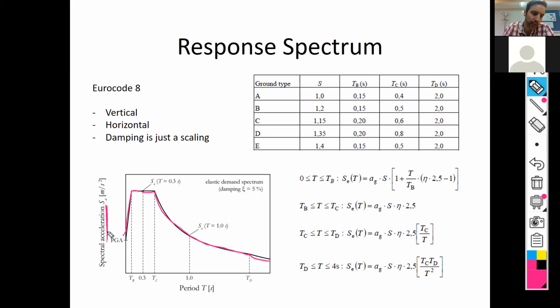So if you're going to design a structure and you come through your calculations that your structure has a period of, I don't know, 0.7, that will be somewhere here. So then you go to the spectrum and read the value of the acceleration that you will have to resist. It will be maybe, I don't know, 1.1 meters per second squared, right?